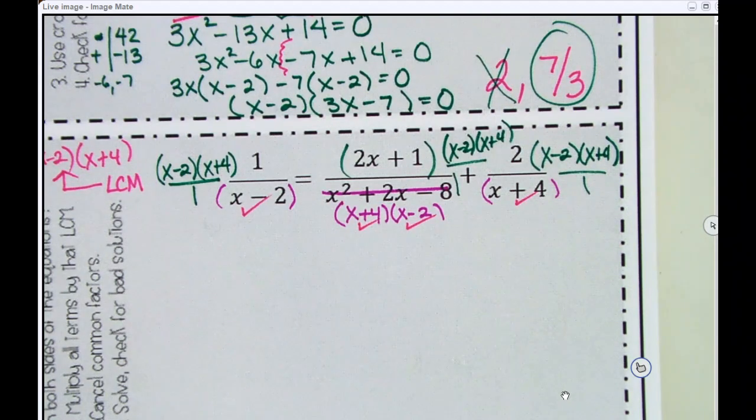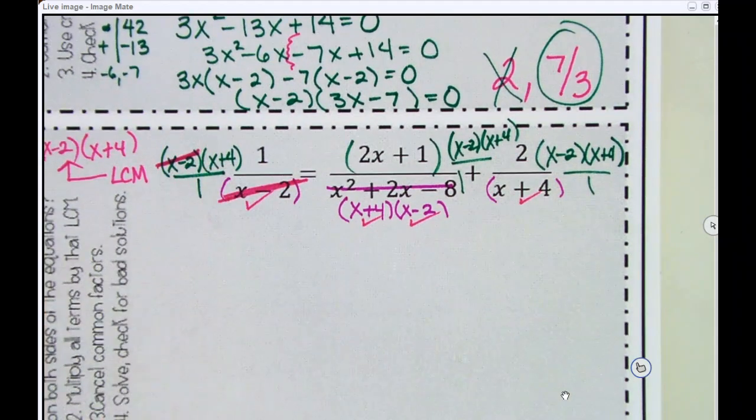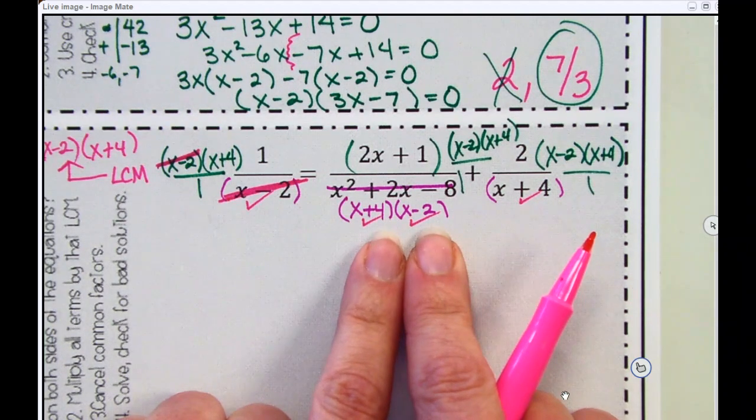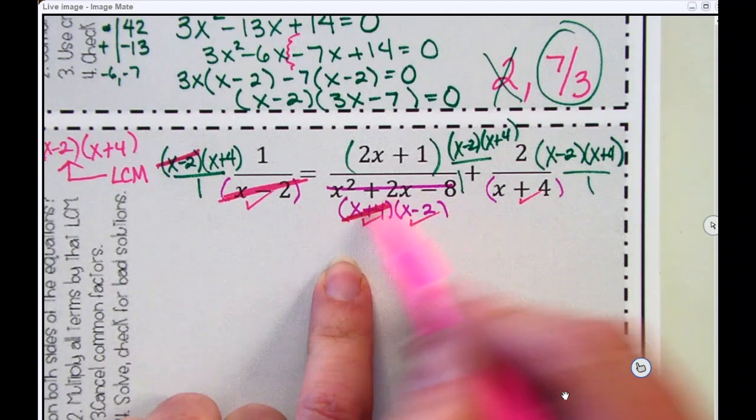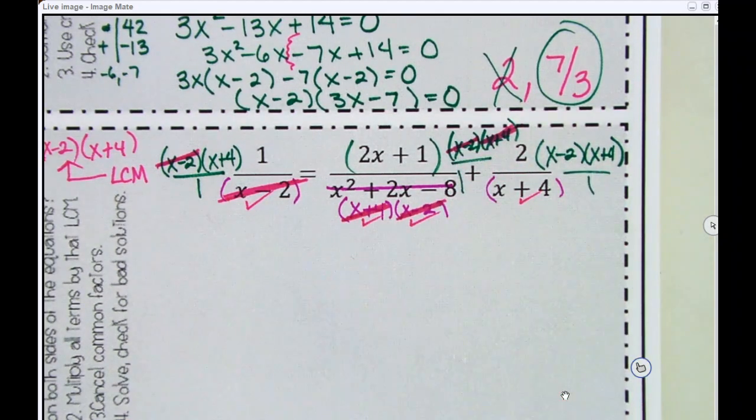Now remember, when we're multiplying fractions, we can cross-cancel diagonally as well as up and down, right? So that's where this is our friend. Watch this. X minus 2 cancels with x minus 2. Let's move over to the first fraction on the right-hand side. X plus 4, x plus 4, x minus 2, x minus 2.